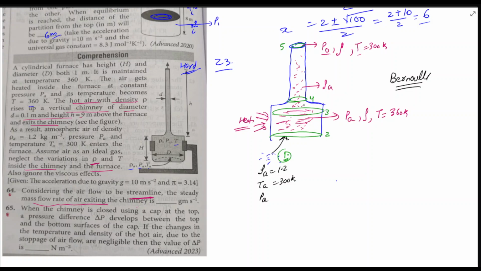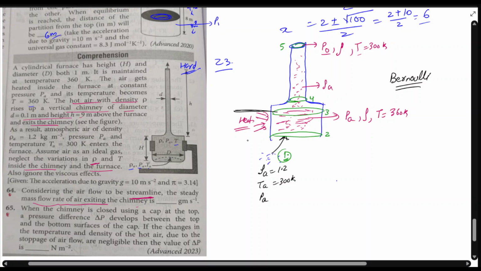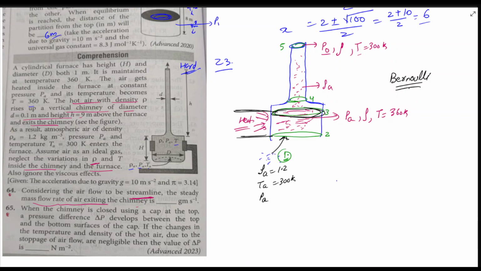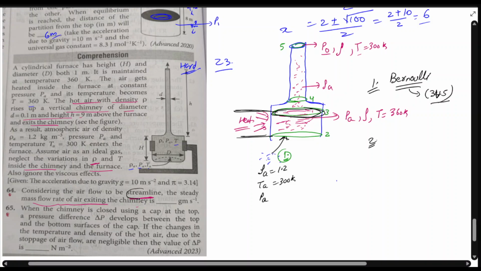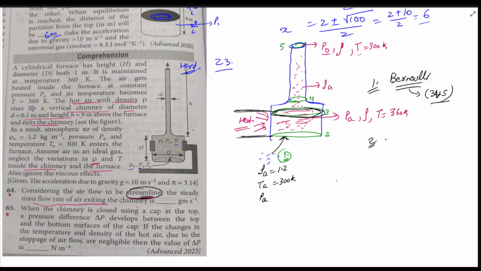So 3 to 5 as it starts to rise. I'm giving the heat till this region, so here it will get the heat, but after that there is no heat given to it. So to use Bernoulli, we use regions 3 and 5. Second, the airflow is streamline, so the mass entering and exiting is the same.